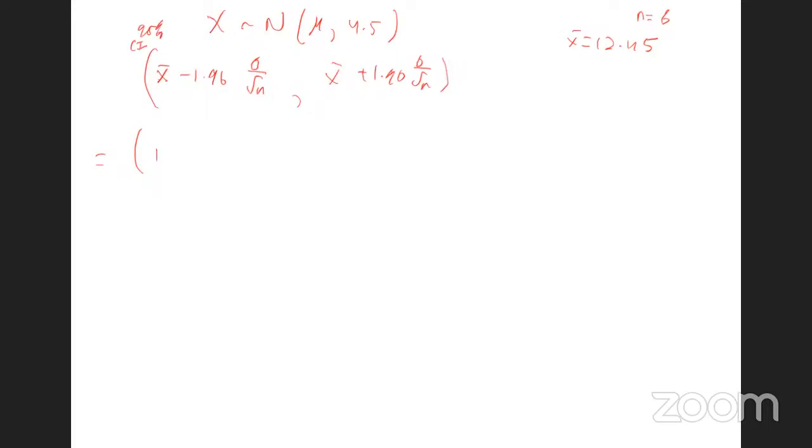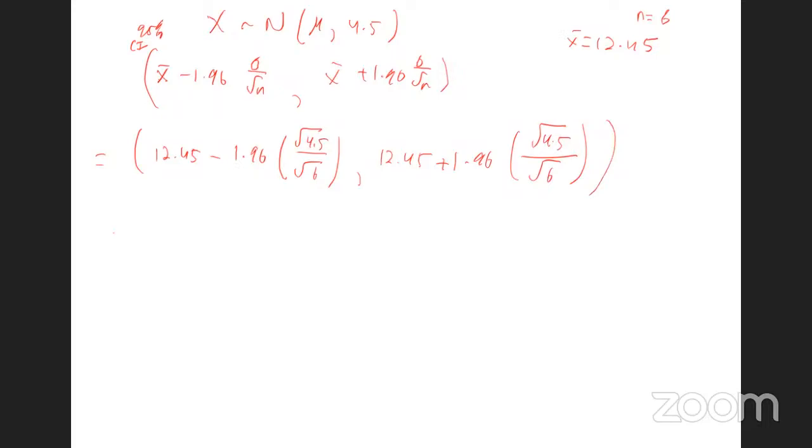So that will be 12.45 minus 1.96 times the square root of 4.5 over the square root of 6, and 12.45 plus 1.96 times the square root of 4.5 over the square root of 6. Once you do that, you will get 10.75 and 14.15.